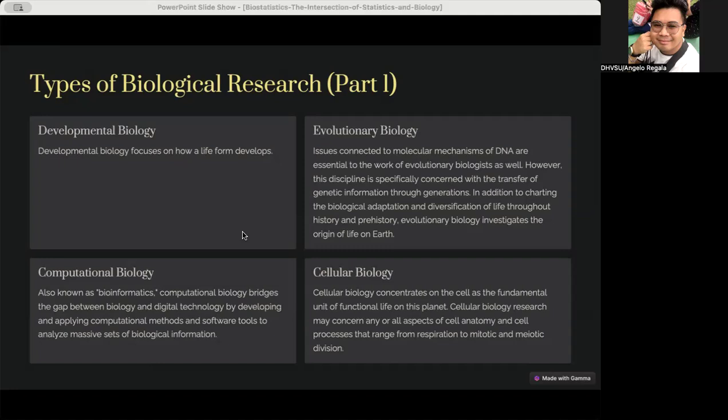So in cellular biology, our main concerns are all aspects of cell anatomy and different cell processes, from respiration to mitotic and meiotic division. How do cells grow? How do cells feed, as well as how do they multiply? That is how we discuss it in cellular biology.